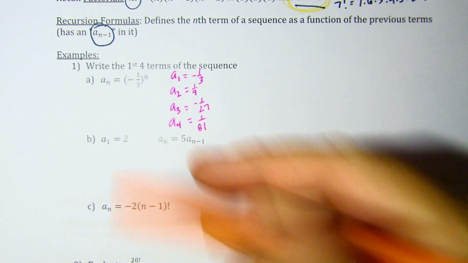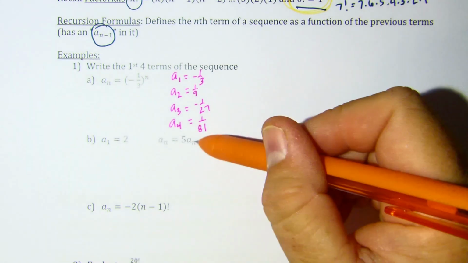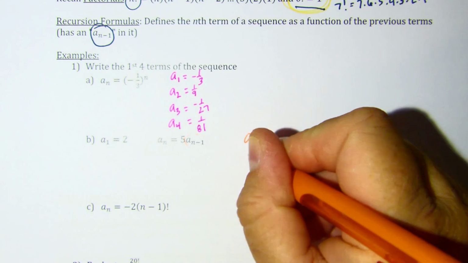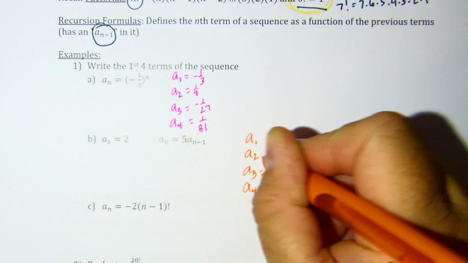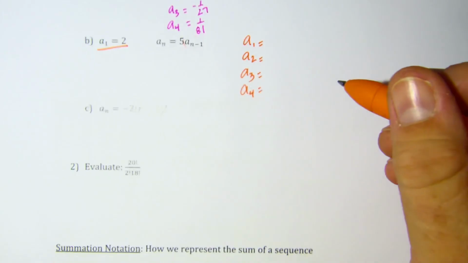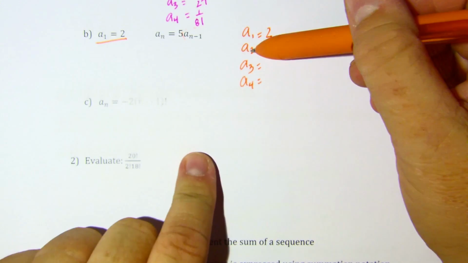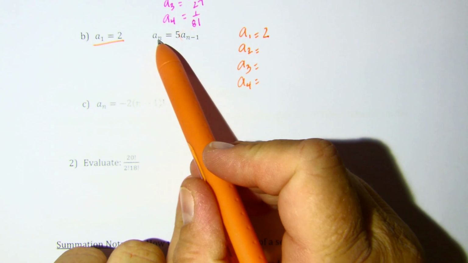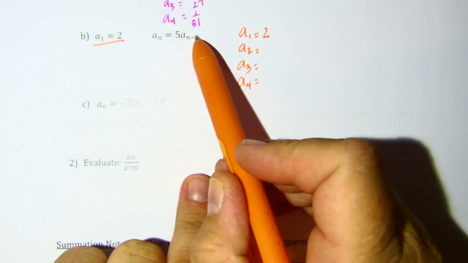The next formula is what's called a recursive formula or a recursion formula, where we need the term before it. So if I want to find a sub 1, a sub 2, a sub 3, a sub 4, the first 4 terms. Well, a1 was given, so a1 is 2. And if I want to find a sub 2, well, our n value being 2 then, if we have 2 minus 1, that would be 1.